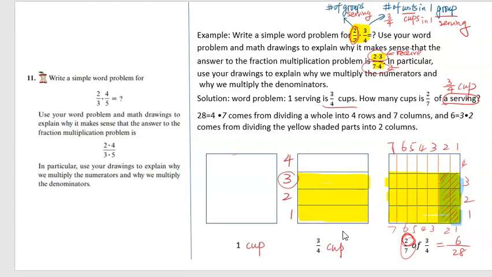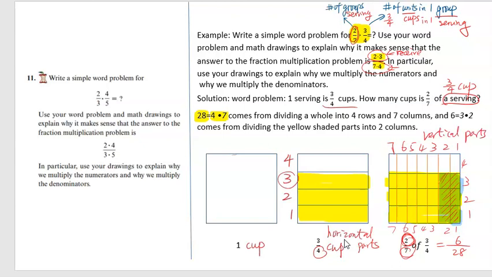And to explain why we multiply them, I already kind of explained, but to put it in words, you will say, okay, the denominator 28 comes from 4 times 7. Why 4 times 7? Because for the first fraction, we had horizontal parts or cuts, and then for the second fraction, 2/7, we had vertical parts or columns.